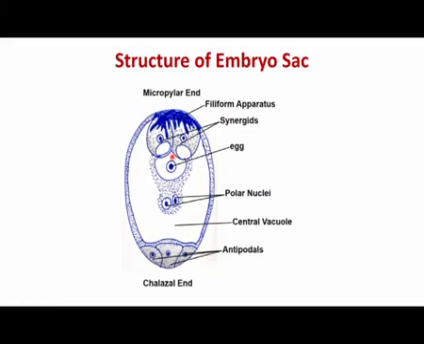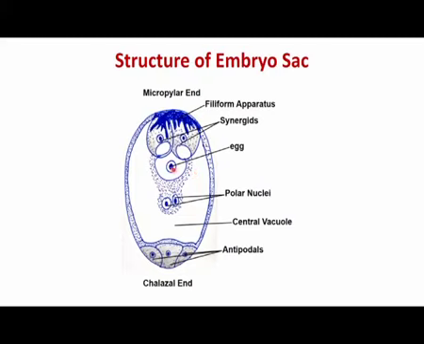It is polar in organization, with the cytoplasmic elements arranged towards the chalazal end and vacuolated cytoplasm towards the micropylar end. The wall of the egg is common with the synergids, so all these 3 cells share a wall in between. After fertilization, the egg develops its own cell wall and becomes the zygote. The egg is the only active cell participating in fertilization, and it develops into the zygote.